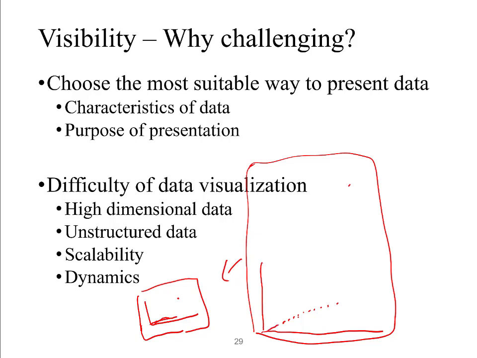However, there is an angle here. And finally, dynamics. Data is changing all the time, and how you manage the visualization of data to incorporate or reflect this dynamic nature would be difficult.